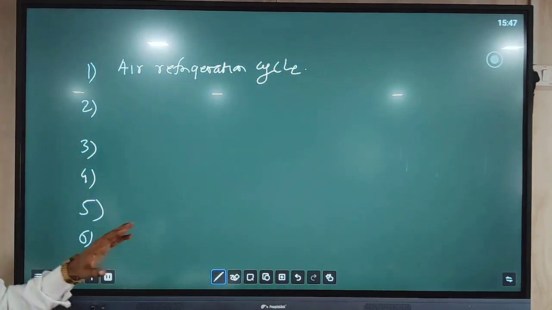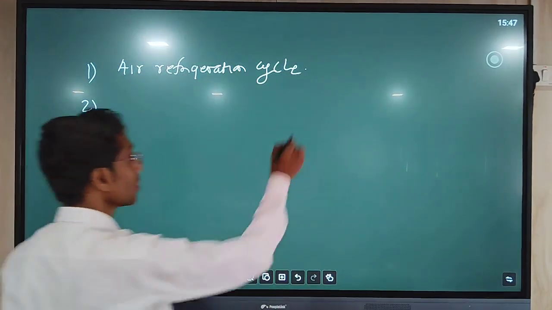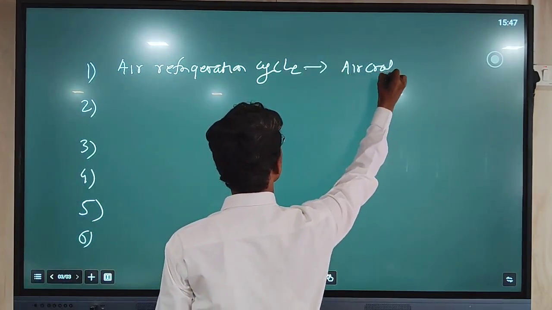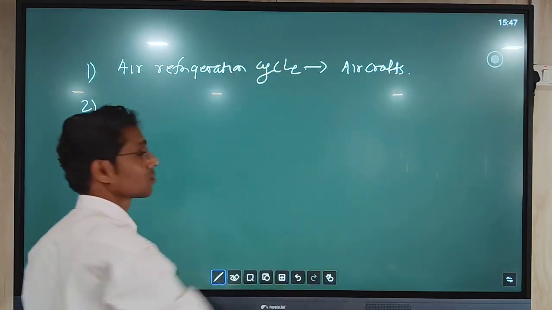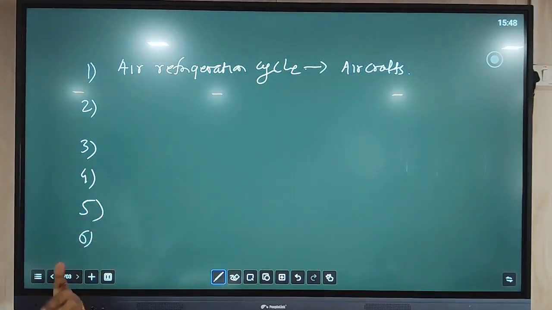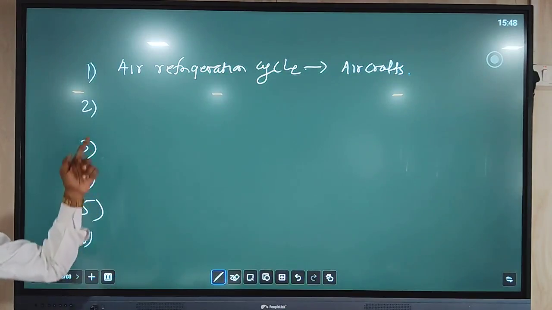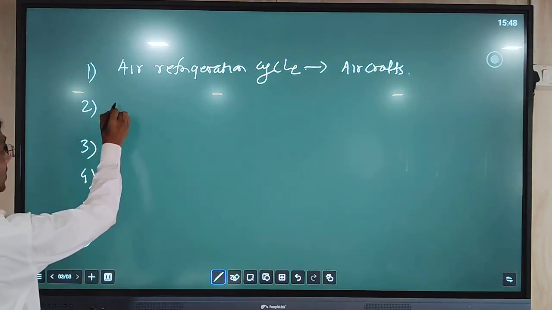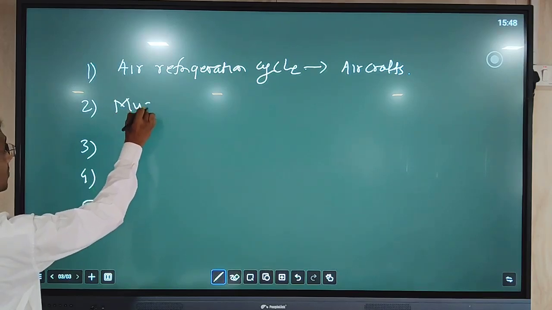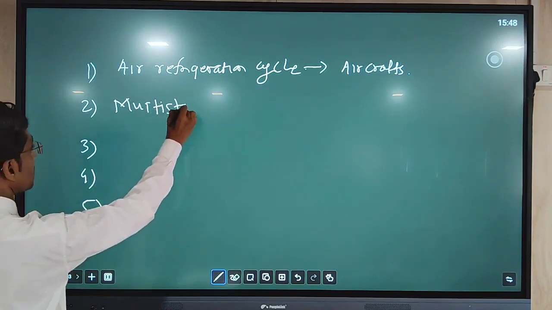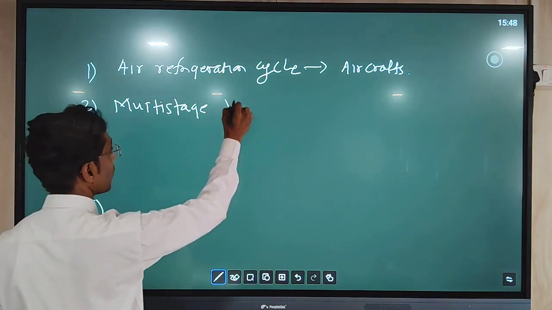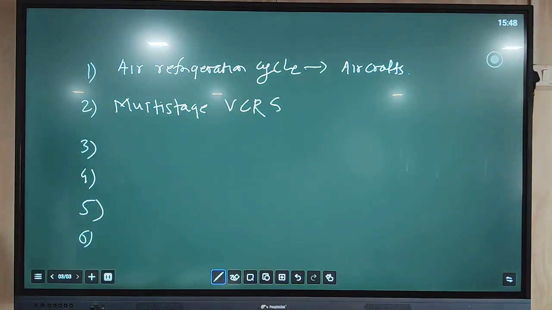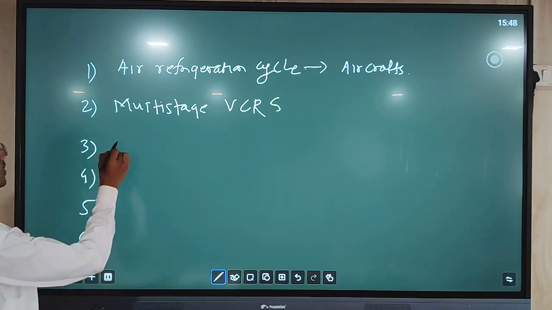The air refrigeration cycle is used in applications in aircraft, aeroplanes. For the cooling of air in aeroplanes, air refrigeration cycles are used. The second one is multi-stage VCRS, which means vapor compression refrigeration system, multi-stage.